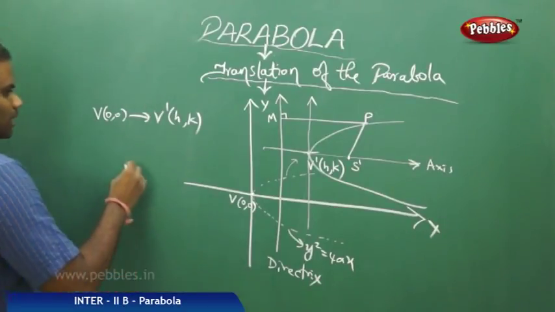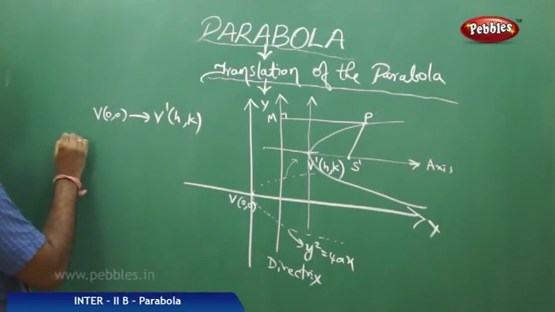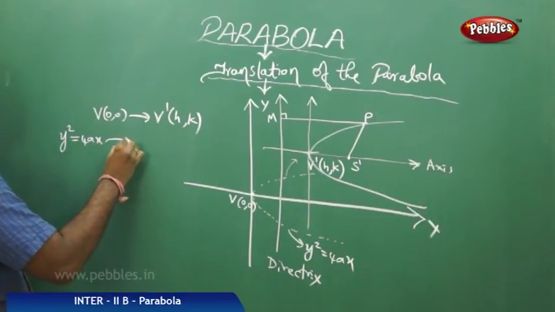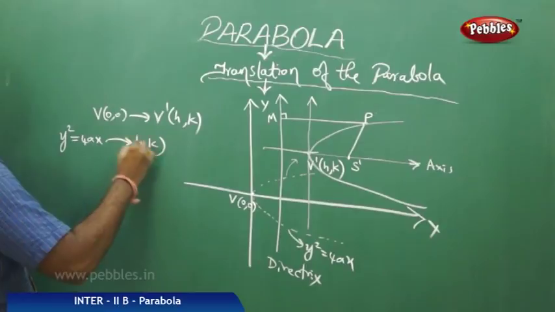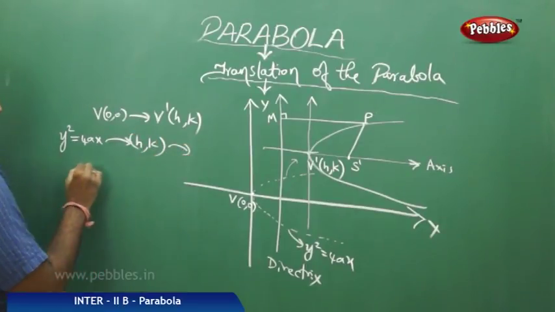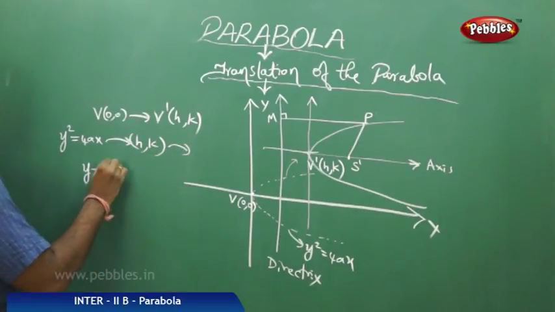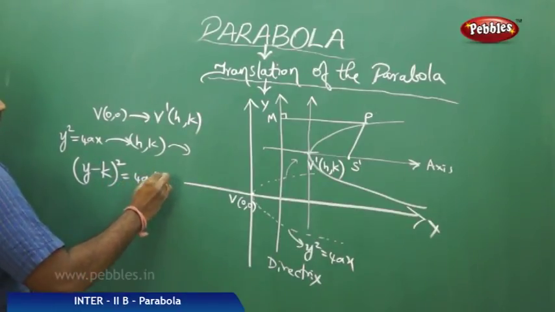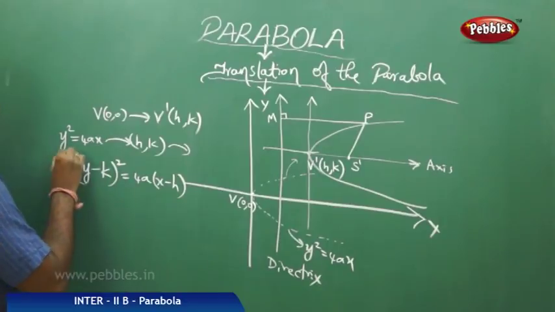So this parabola, which is translated here, is referred with y square equal to 4ax, which is translated along the point (h,k), gives us the new parabola, which is (y minus k) whole square equals 4a times (x minus h).